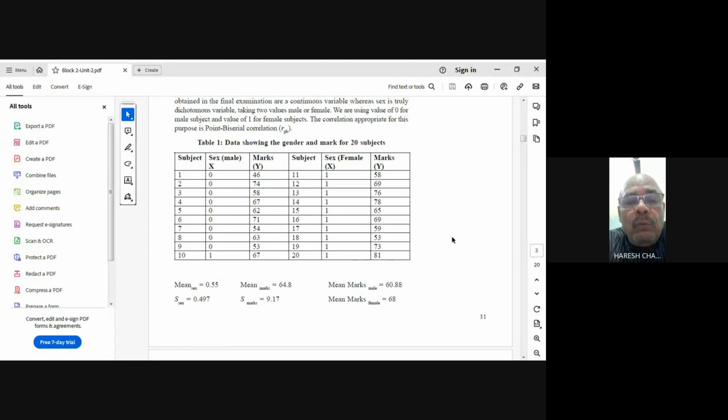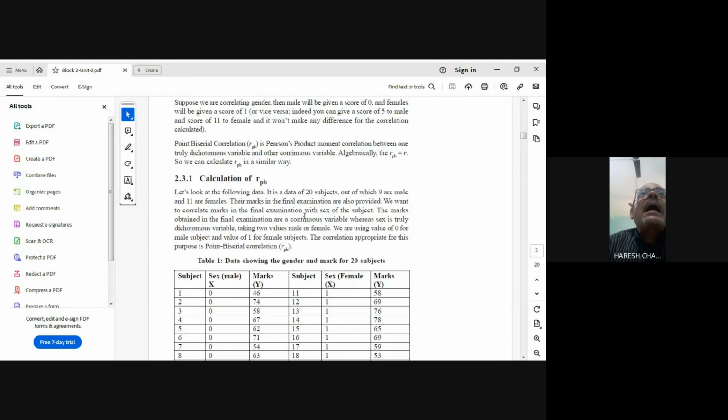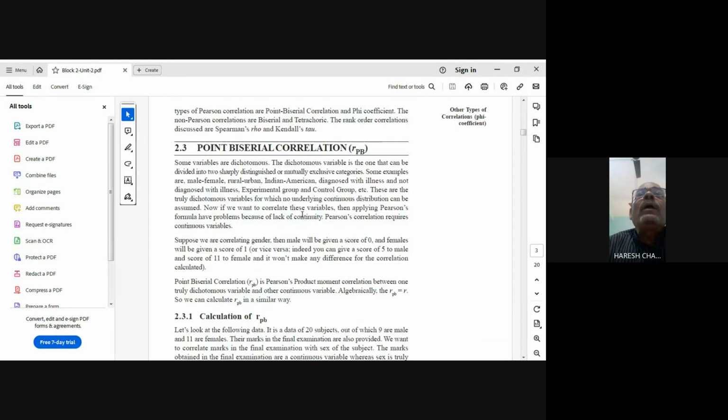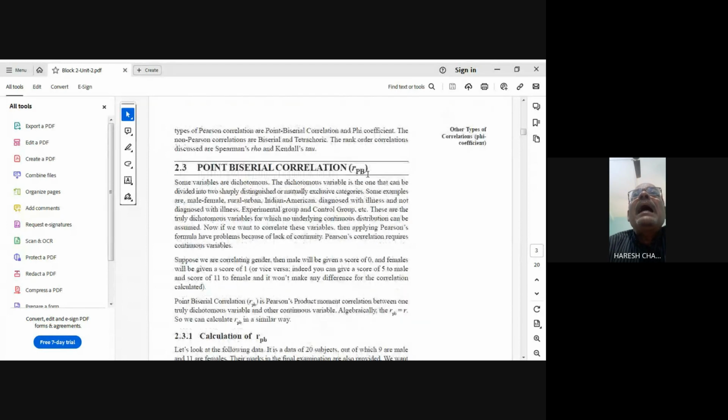If you want to know the relationship, there you can go for a point biserial correlation. That you have to go for a point biserial correlation, and it is written like this: RPB.